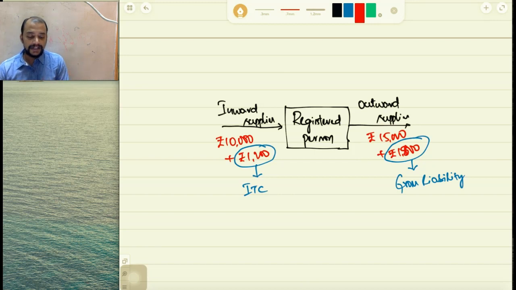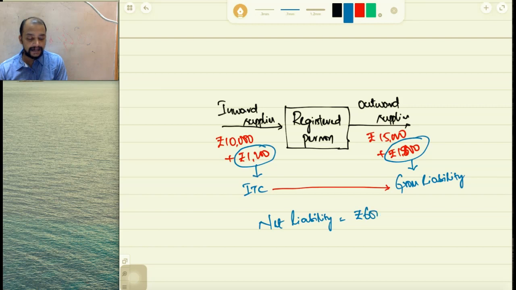Now I can use this ITC for payment of my gross liability, which means the net liability will be 600 rupees. So GST paid on inward supplies can be taken as ITC and adjusted against the GST payable on outward supply. This is the concept of input tax credit here.